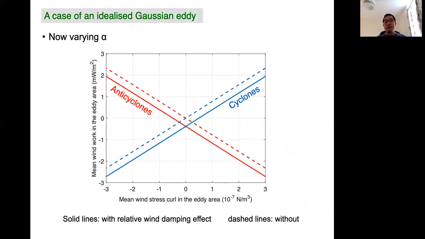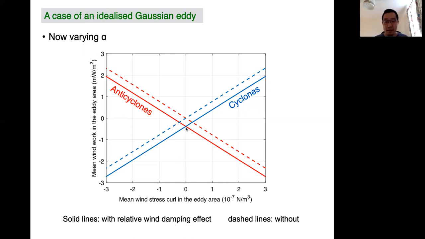So now let's vary alpha. So let's vary the strength of wind stress curl and do the calculation again for a whole range of alpha. And that's what we get. So what we have here is a plot of the average wind work, averaged over the eddy area, plotted against the average wind stress curl in the eddy area.